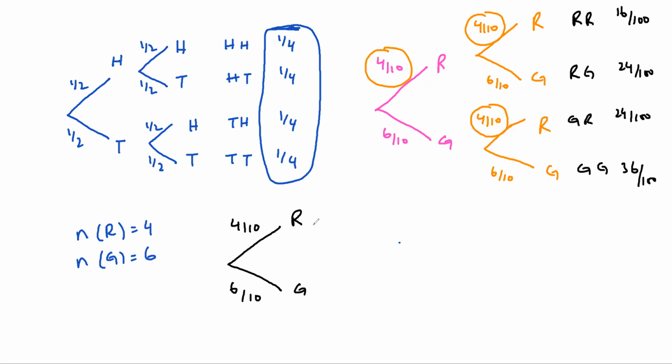Now, suppose the first ball was a red one, then when you're going to pick the second one, the number of red is now 3 and the number of green is still 6. Okay. So here the probability for the red would be 3 over 9 and this would be 6 over 9. And again, we can simplify these probabilities, but don't do that so that the sum remains 1.